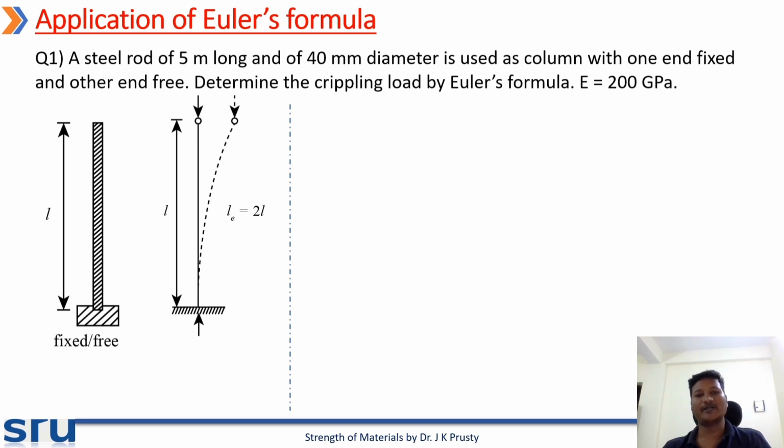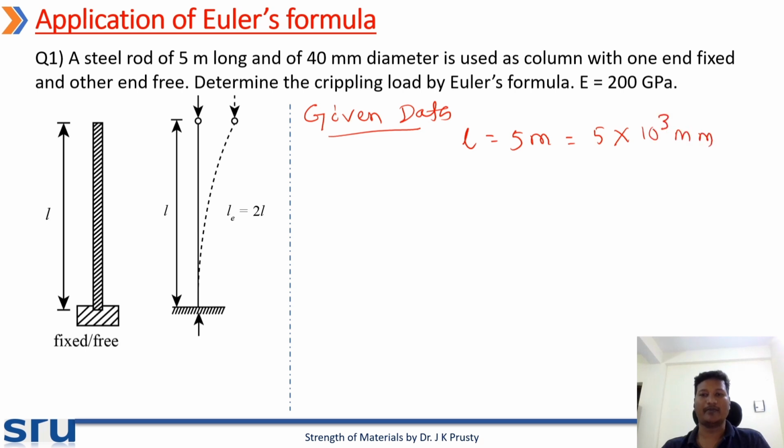So to solve this, we need to first write down the given data. Your actual length is given as 5 meter, which is 5 into 10 to the power 3 mm.